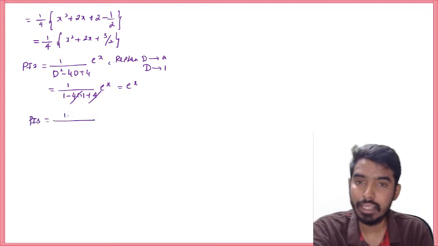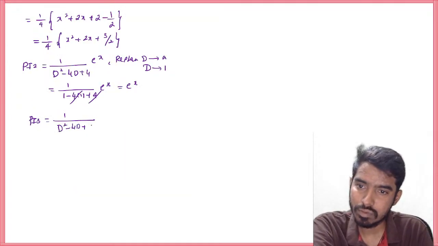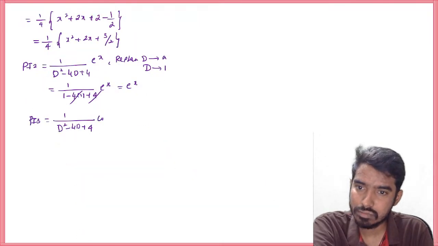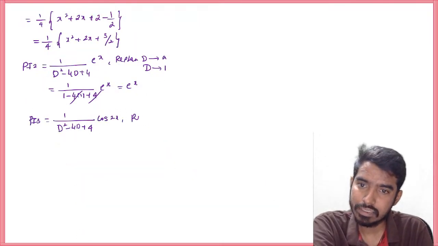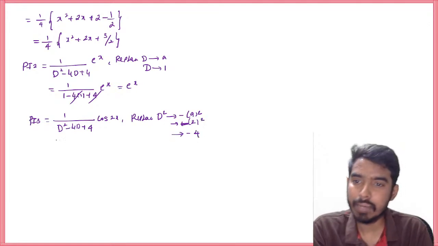So 1 divided by d square minus 4d plus 4 of cos 2x. I'm applying type 2 here. So replace d square by minus of a square. a is 2 here. So minus of 2 square. So you have to replace d square by minus 4.